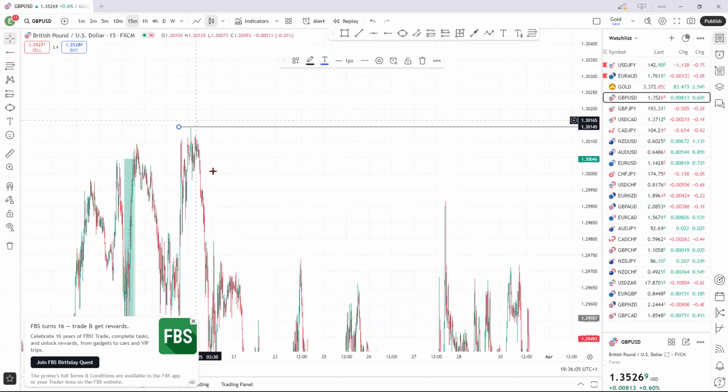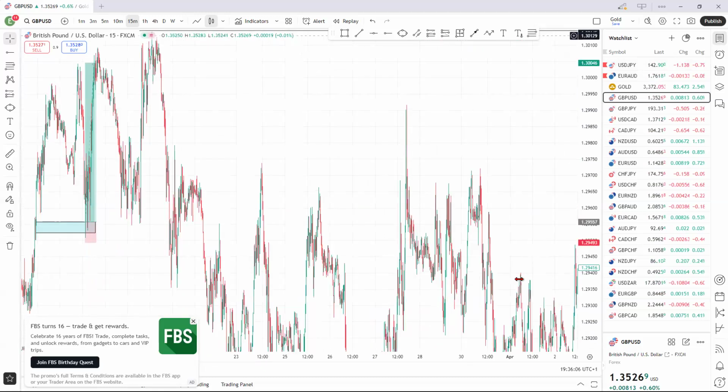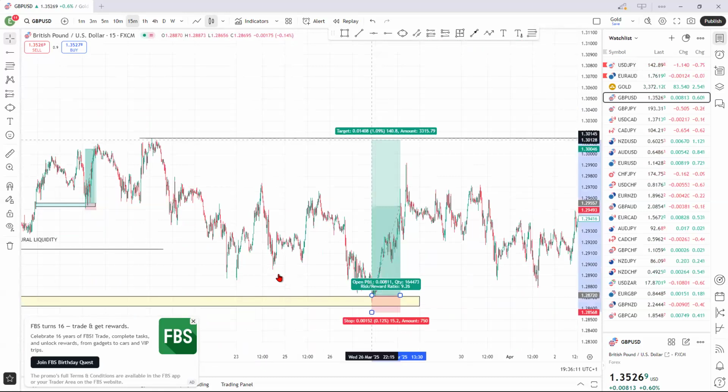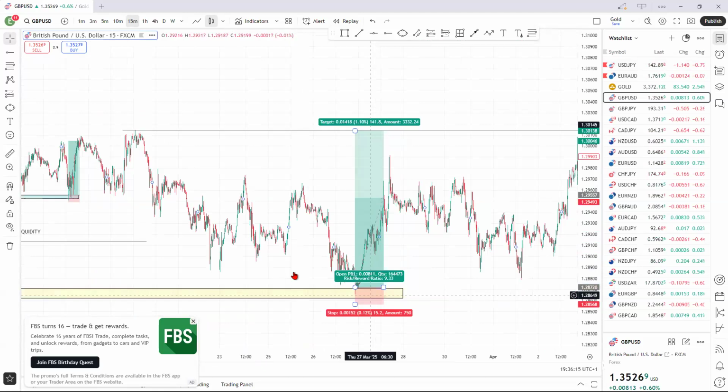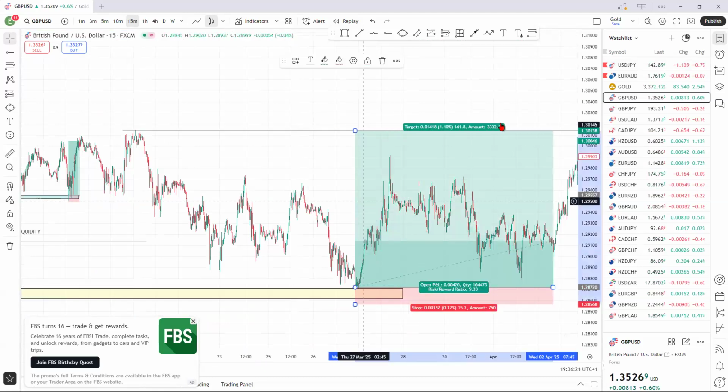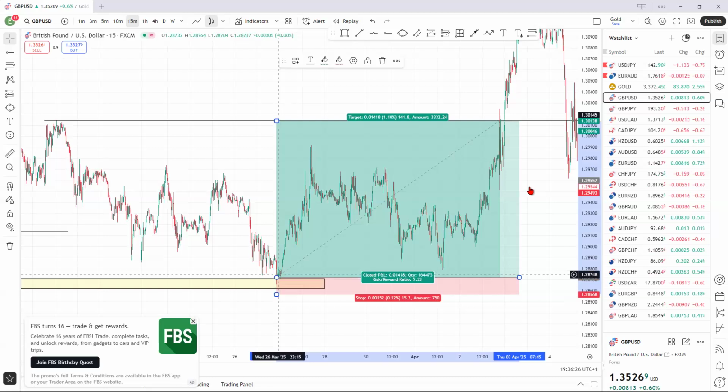And let's see how long it took for price to reach TP. I think this was around 11:15 on March 26, and price reached TP on Wednesday, 2nd of April.